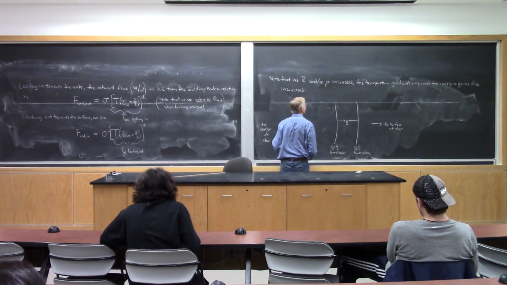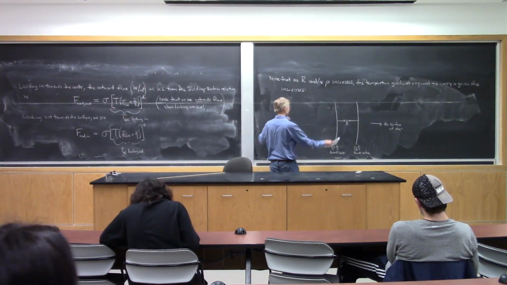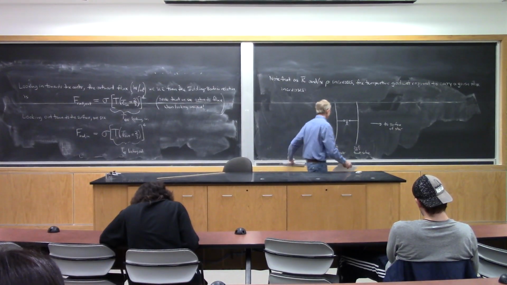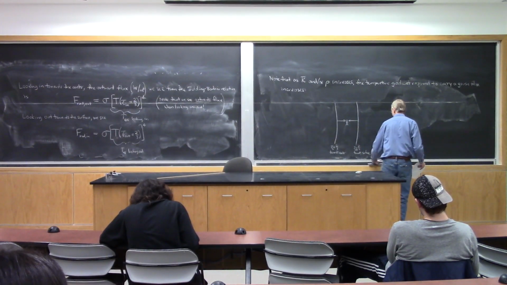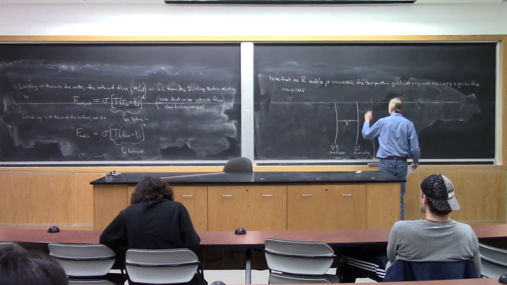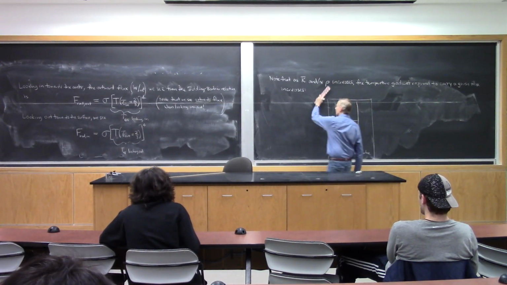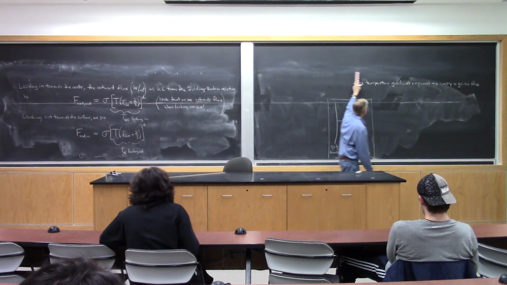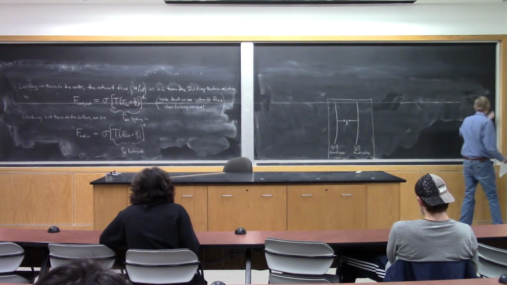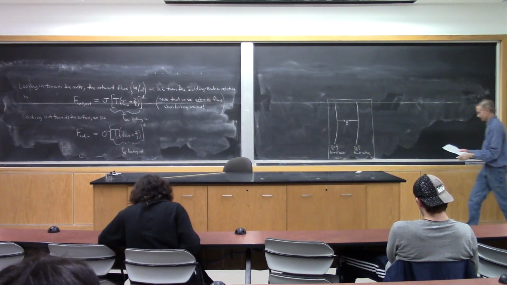So I'm going to leave this piece right here. I'll erase around it, but I want to not erase this because I want to be able to point to it again. So there we are in our protective booth. Okay.